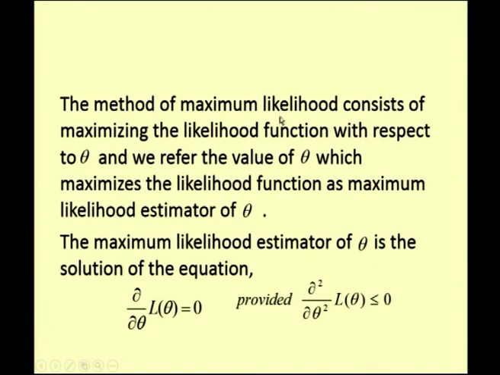The method of maximum likelihood consists of maximizing the likelihood function with respect to theta, and we refer to the value of theta which maximizes the likelihood function as the maximum likelihood estimator of theta. In other words, the maximum likelihood estimator of theta is the solution of the equation dou by dou theta of L of theta equal to 0, and dou squared by dou theta squared of L of theta less than 0.